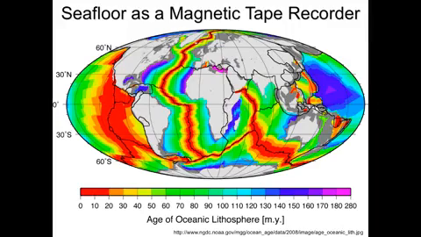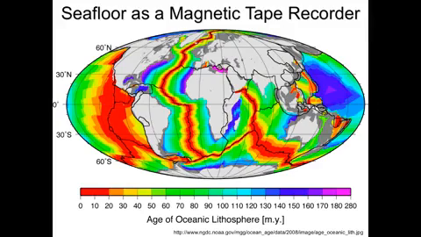As you can see, the age of the lithosphere is red, relatively recent, near the spreading centers, and relatively old in the blues and magentas, and these lie near North America, North Africa, and within the Mediterranean.